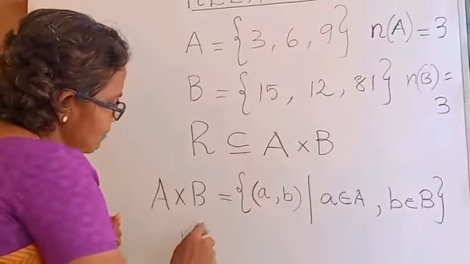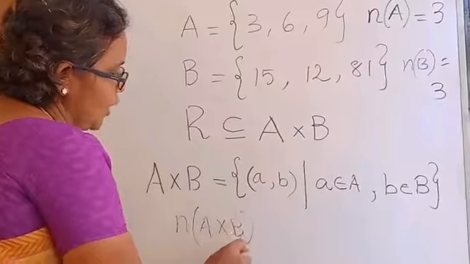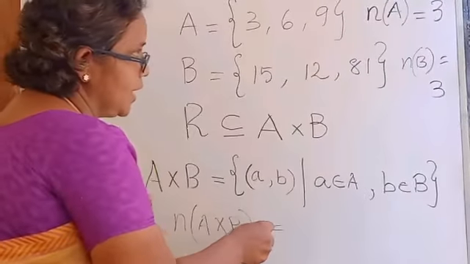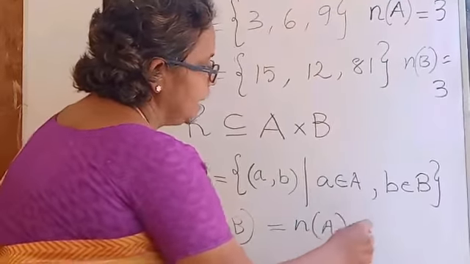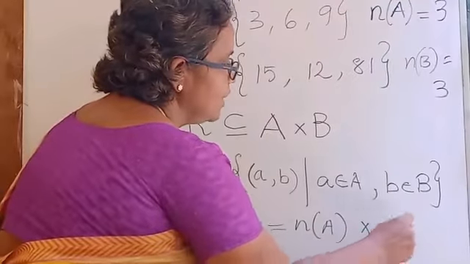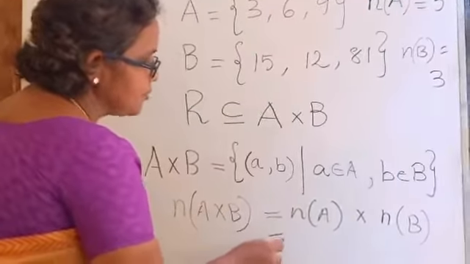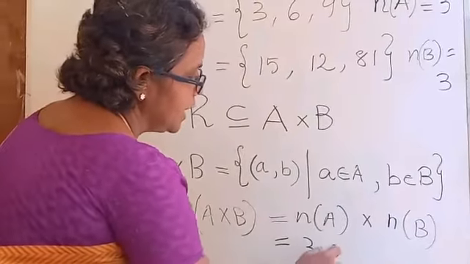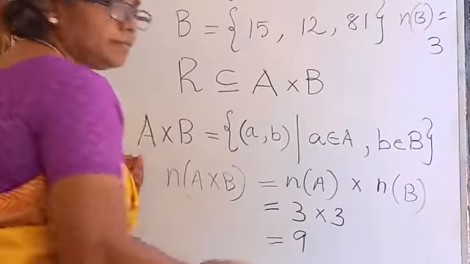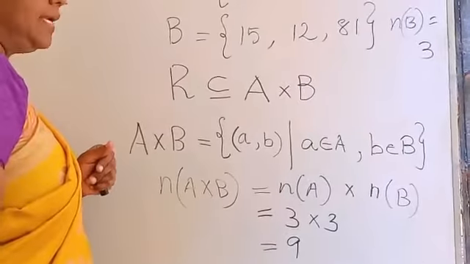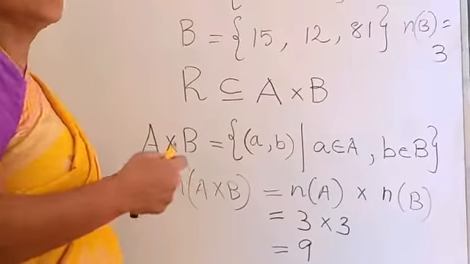Now, cardinal number of A cross B is equal to cardinal number of set A into cardinal number of set B. So what is the cardinal number of set A? It is 3 into 3. So what is it? It is 9. So to generalize this, how can we generalize it?